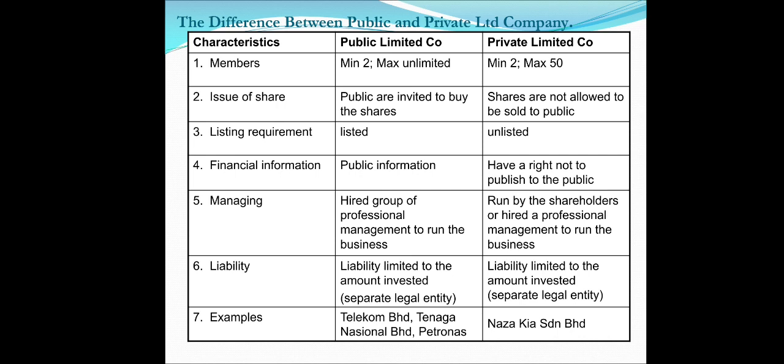So the number of shareholders is unlimited. But for Syarikat Sendirian Berhad, the minimum is 2 and the maximum is 50 shareholders. That is the main difference. Other than that, most of the time they are very similar.